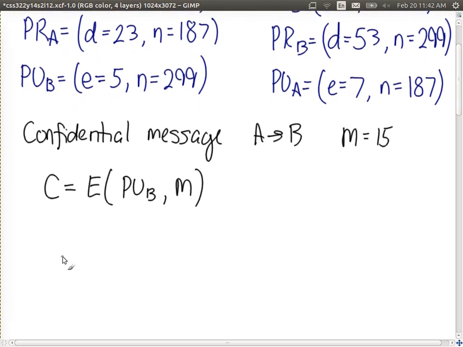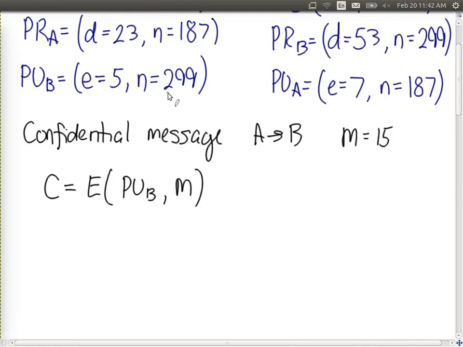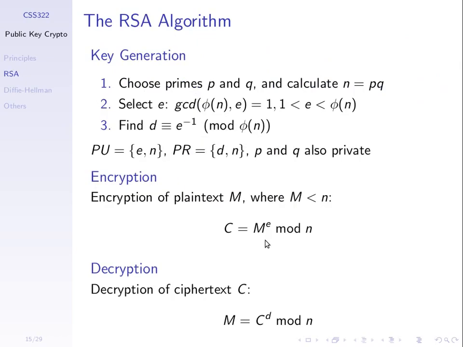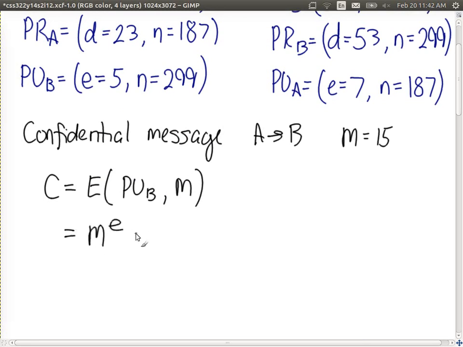And the algorithm: M must be less than N. Is M less than N? N in this case is 299. So yes, we've met that condition. M is 15. To encrypt, take M, raise it to the power of E mod N. In our case, M is 15.